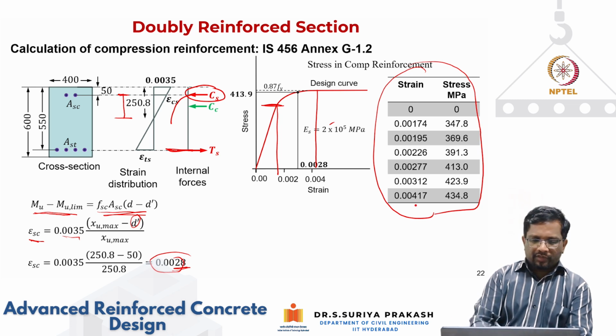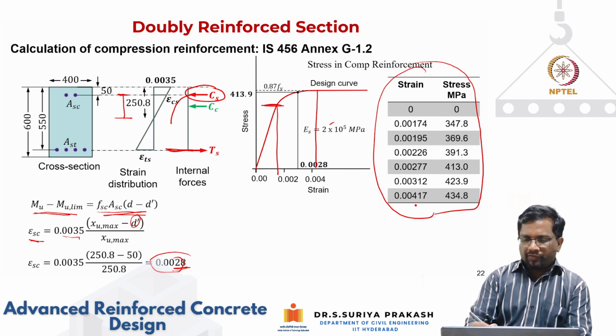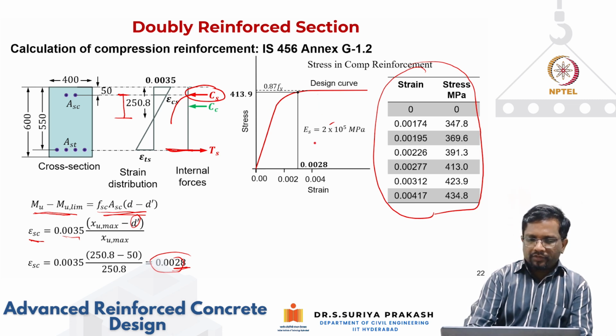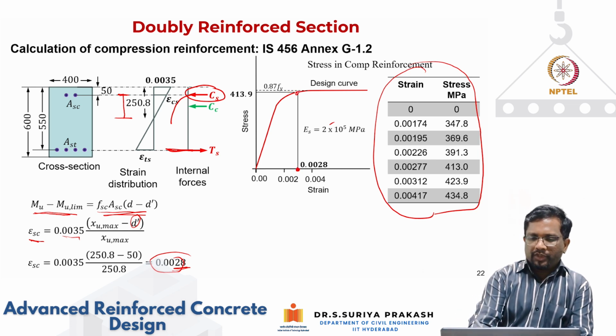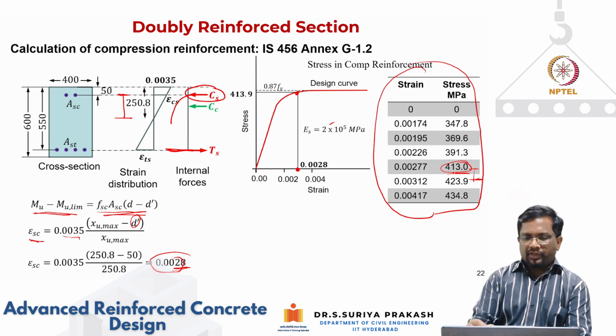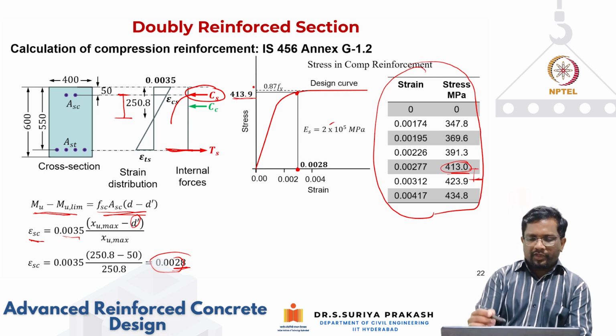For example, here 0.0028 is what we are looking at. For this, the stress works out to be somewhere in between. It is very close to this point, because at 0.00277 it is 430. For 0.0028, which is slightly higher than that, it will be 413.9.